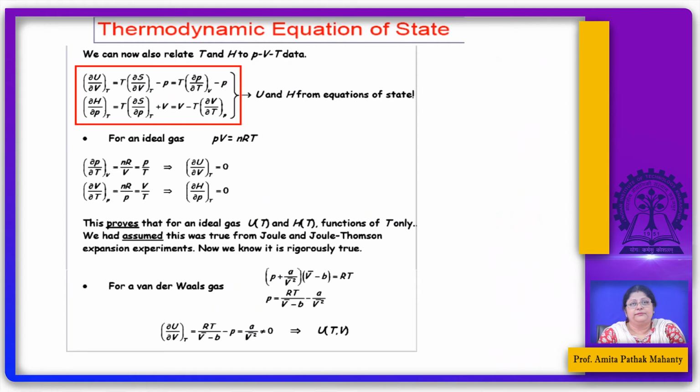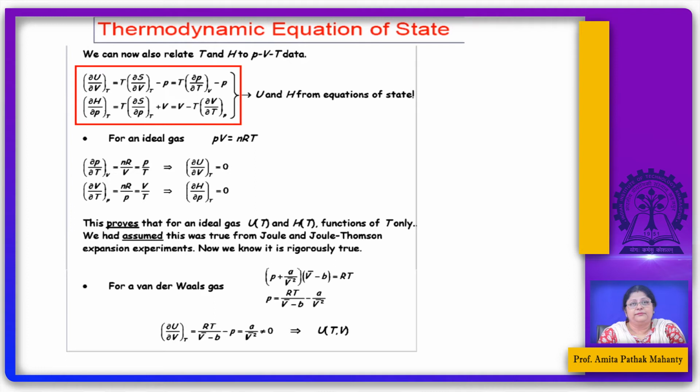If you replace that and put it in this equation, can you see that it's becoming zero? Find out the change in pressure with temperature at constant volume. Use PV equal to nRT. P is nothing but nRT by V, and differentiate that with respect to temperature at constant volume.